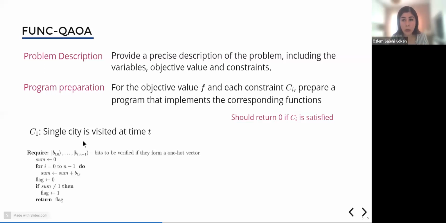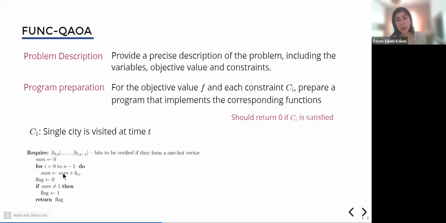What you can do to check this is take the summation of all those bits. If this summation is not equal to 1, we set a flag variable to 1. Otherwise, flag is initialized to 0, and we return this flag. So if the summation is 1, we will return 0, and otherwise we will return 1. Actually, instead of 1, you could return anything else. So this is our program.